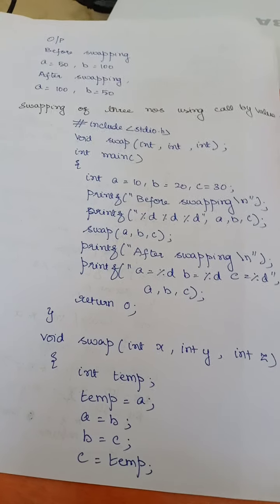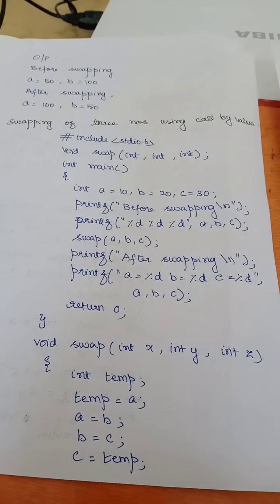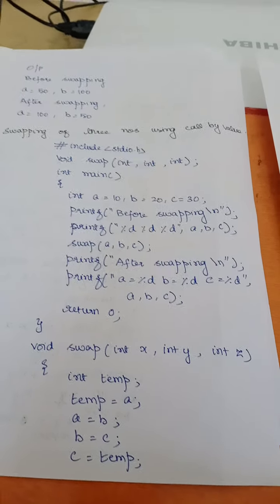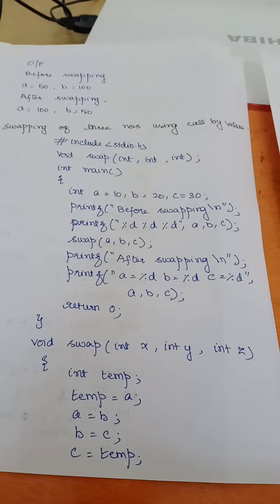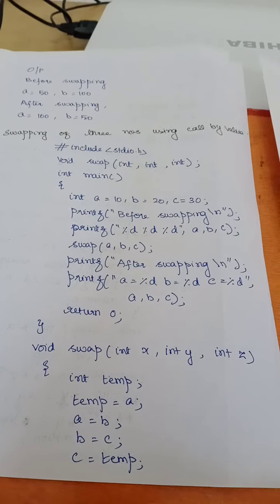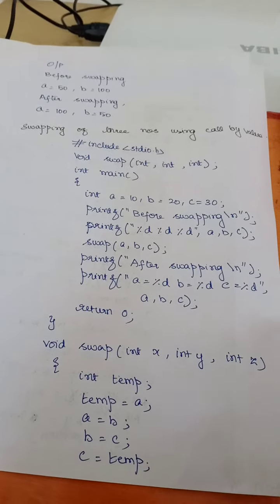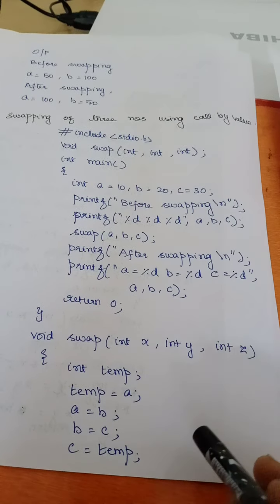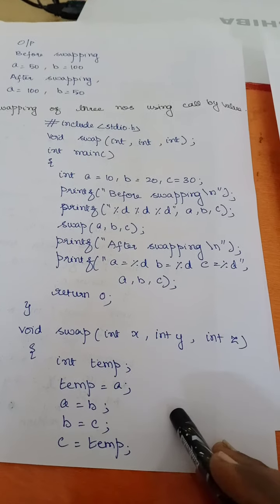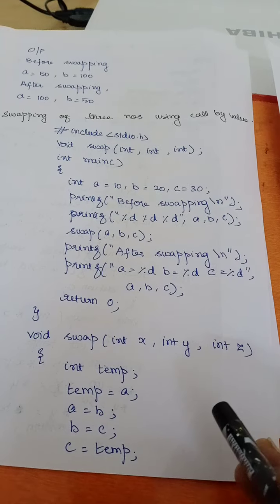Next we will move on to swapping three numbers. So we have seen two numbers. If I want to swap three numbers, how do I do it? Since it is given in your syllabus, I have taken this. It is going to be the same as for two numbers.